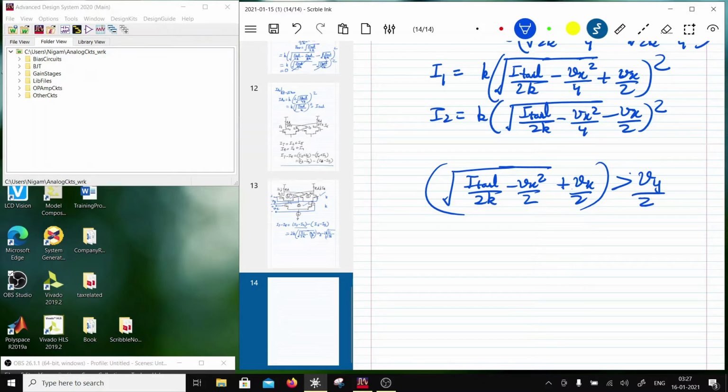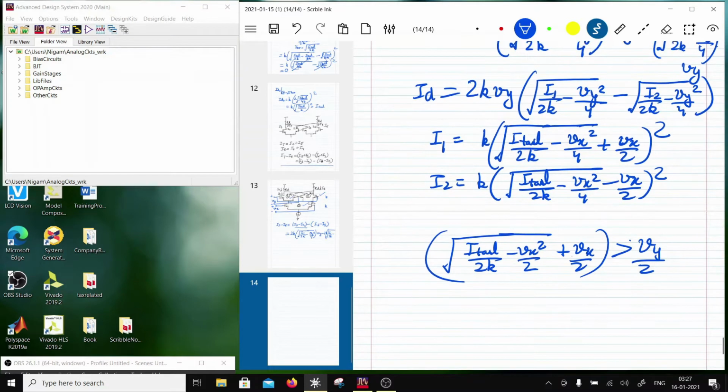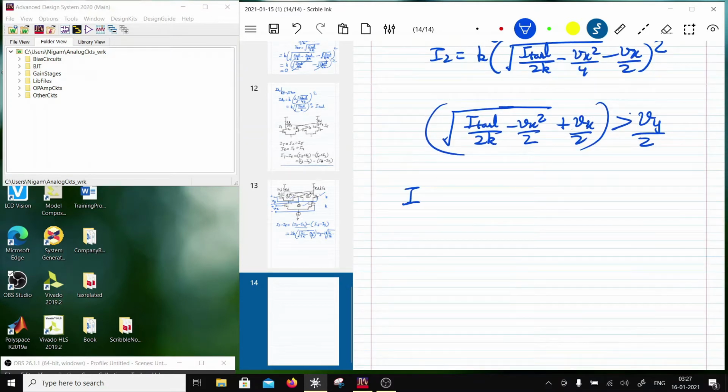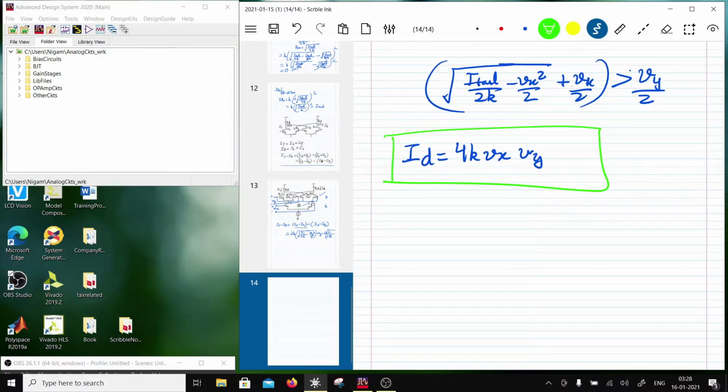So in that case what is going to happen is, in terms of this, it will simplify to I tail is equal to 4 times of K times of Vx times of Vy. Okay, so you can do the maths. So this would be your output current.